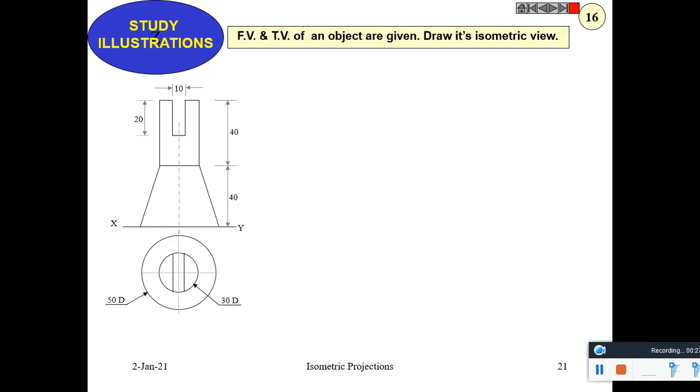Front view and top view of an object are given. Draw its isometric view. It is a cylindrical portion with a cutting at the top, 20 millimeter depth and 10 millimeter width.